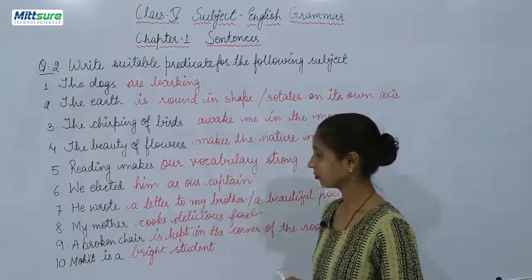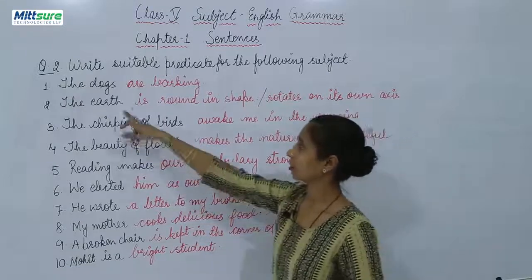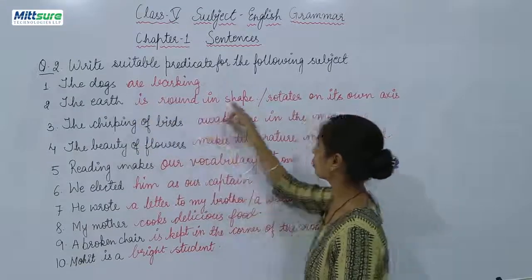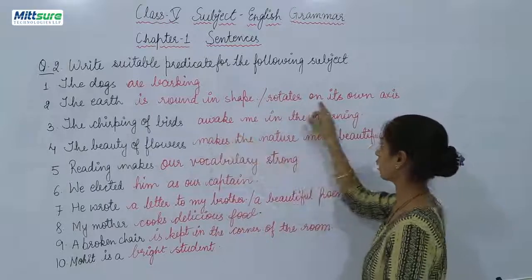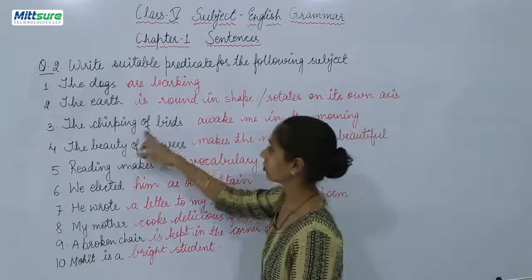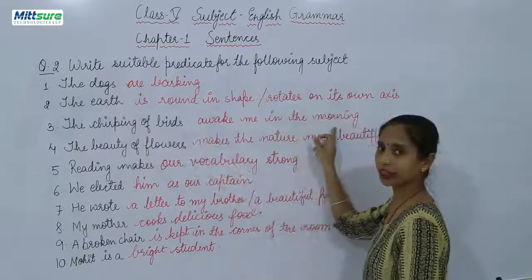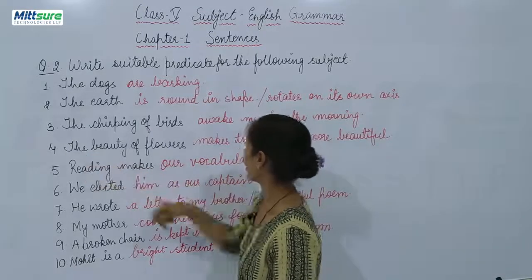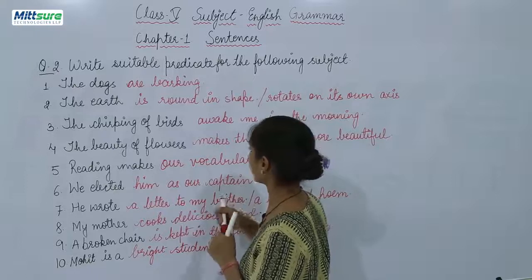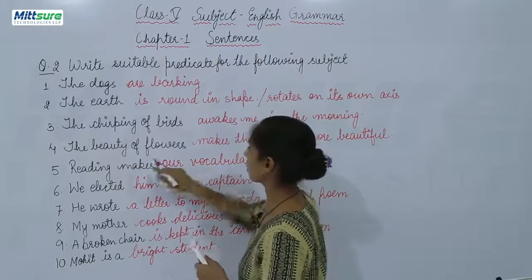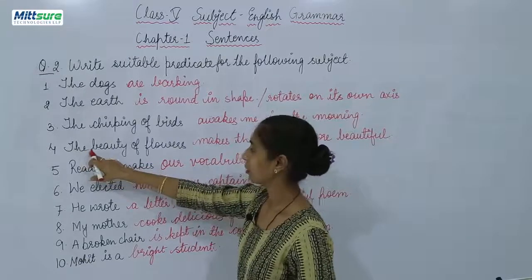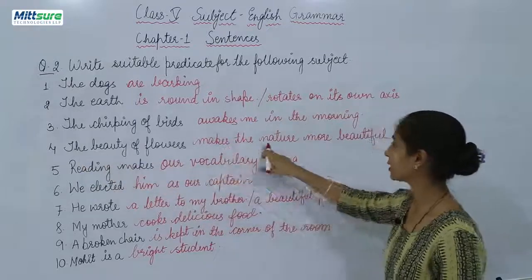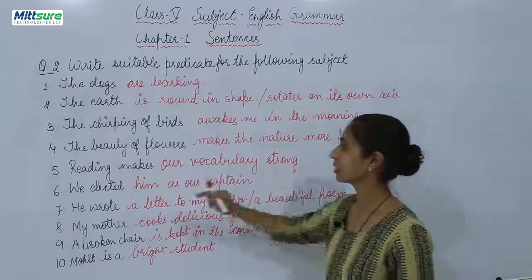So, the dogs are barking, the earth is round in shape, or you can say the earth rotates on its own axis. The chirping of birds awakes me in the morning. The beauty of flowers makes the nature more beautiful.